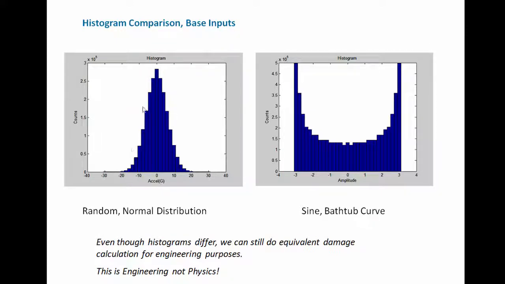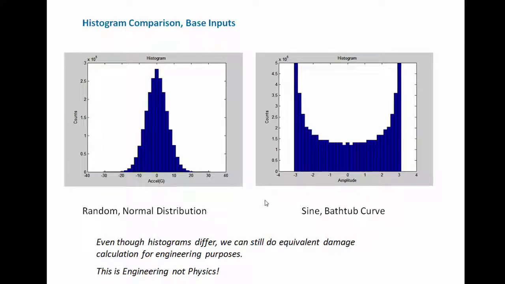Now, the histogram on the left represents a bell curve, and we saw that both our input and our response had a bell curve histogram, based on that NavMat PSD. Now, for sine vibration, for both input and response for that oscillator, both of those have a bathtub curve histogram.